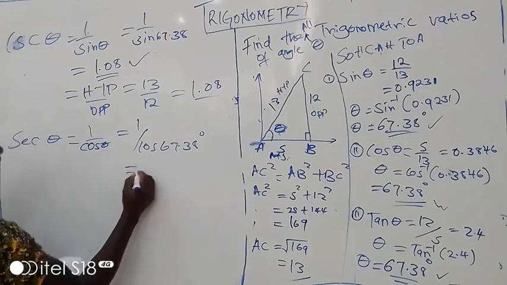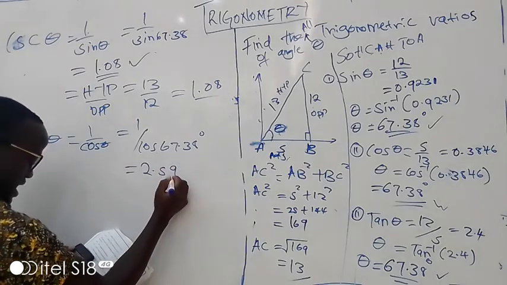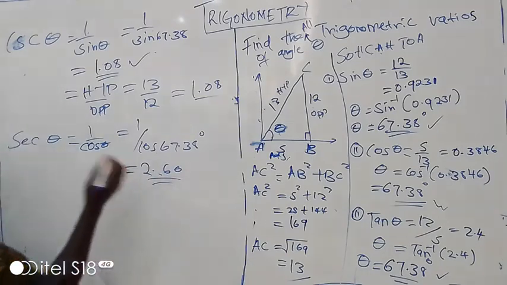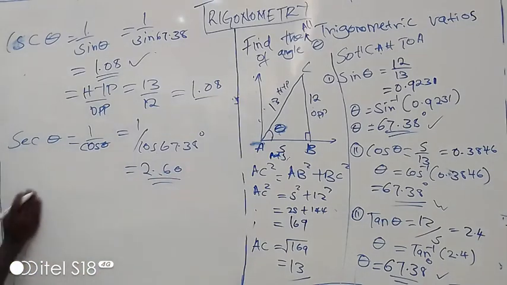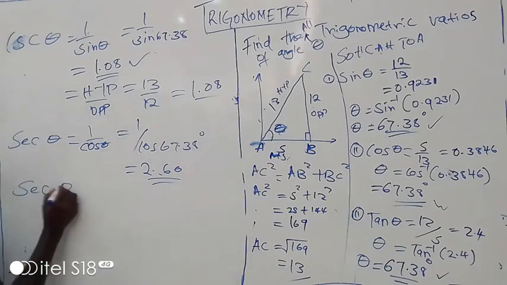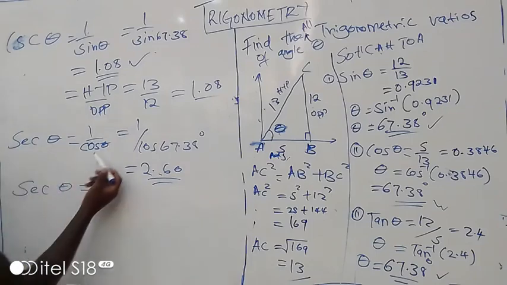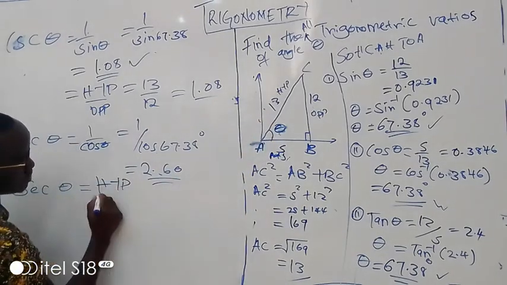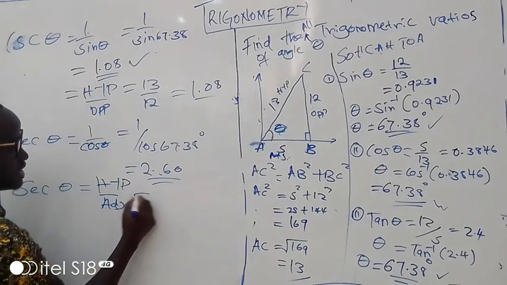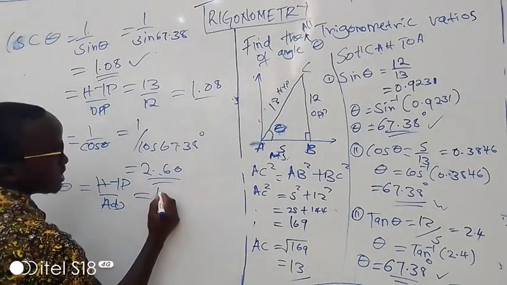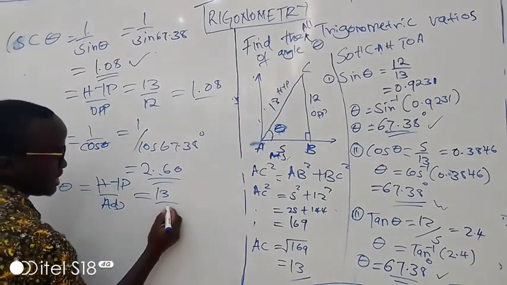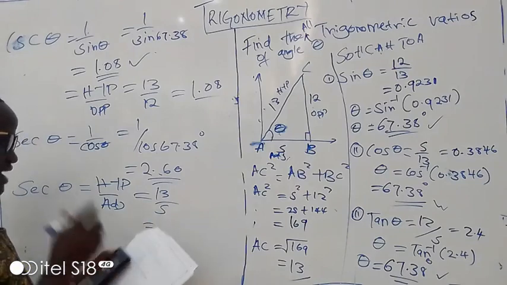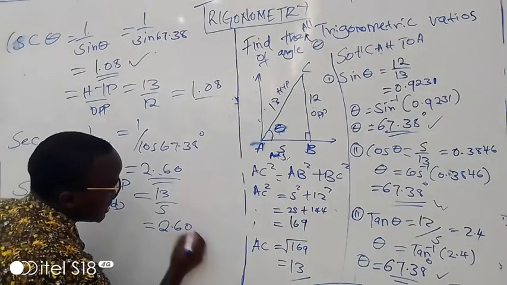Here we are getting 2.59, so this is 2.60. Sec theta can also be found as the reciprocal of cos theta. It is hypotenuse over adjacent, which in this case is 13 over 5. So we take 13 divided by 5. We are getting exactly 2.60.